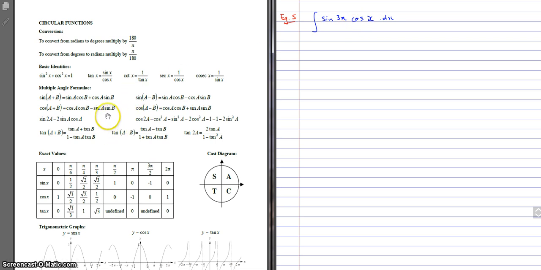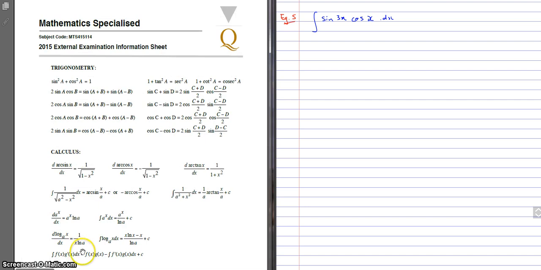If we have a look at our formulas over here, we've got our multiple angle formulae, or if we have a look at the specialised information sheet, okay, this puts it a little better in that you'll notice, say we've got sine A times cos B, A and B representing different angles.